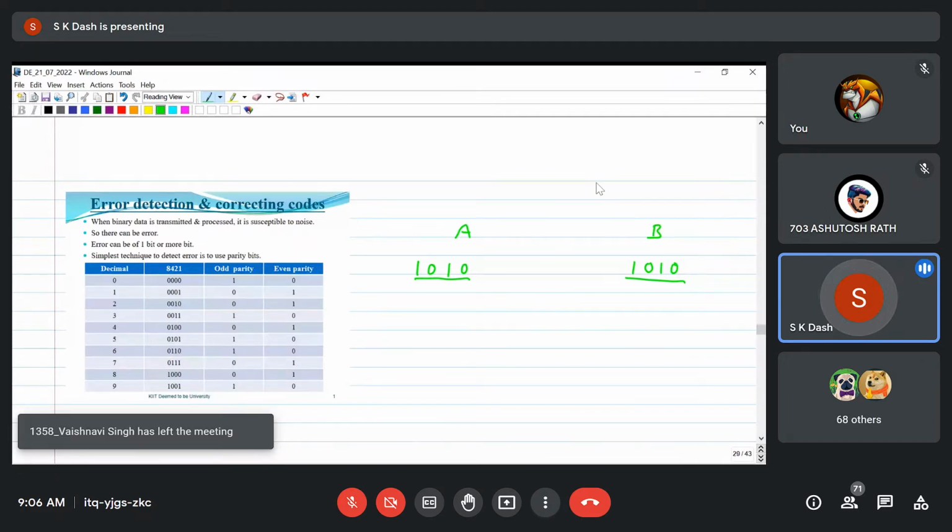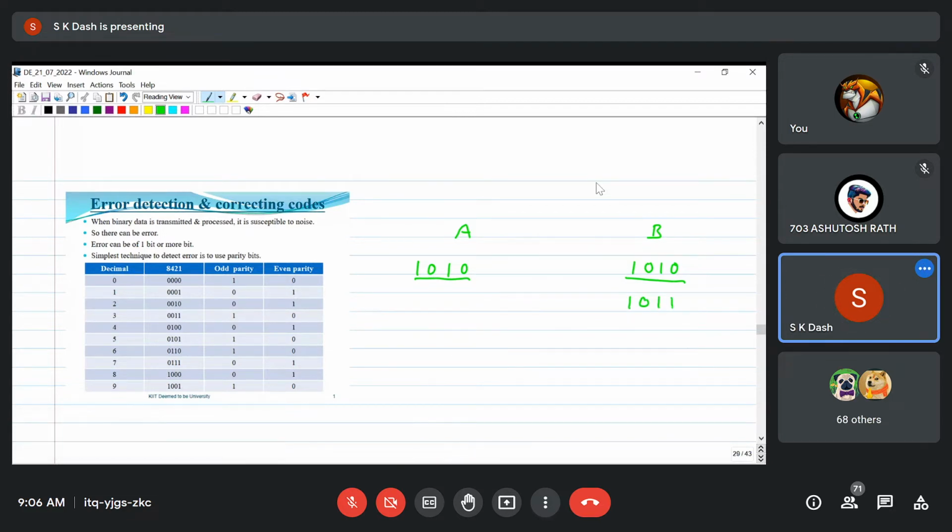Now suppose instead that the data received is 1011, or 1000, or 0010. What happens if this kind of data is received?